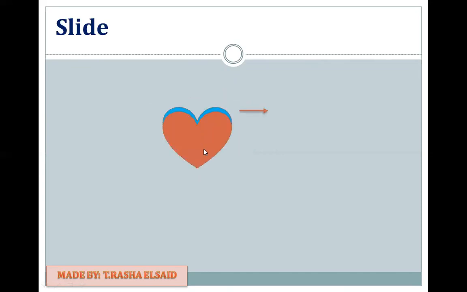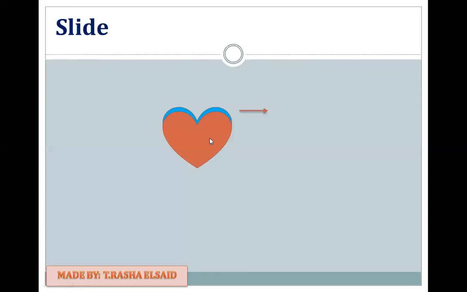This heart is made up of two faces. One is red and the other face at the back is blue, as you see from here. So this means it is at the back, its color is blue. When I slide it, the blue side at the back will not affect.